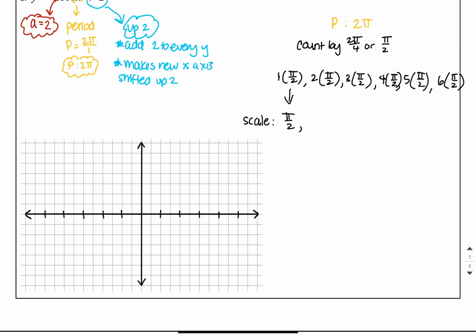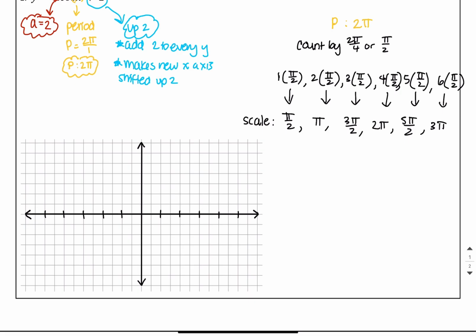The next one's going to be 2 times pi over 2, which is pi, then 3 pi over 2, then 4 pi over 2, which is just 2 pi, then 5 pi over 2, then 6 pi over 2, which is just 3 pi. And I put that on my graph.